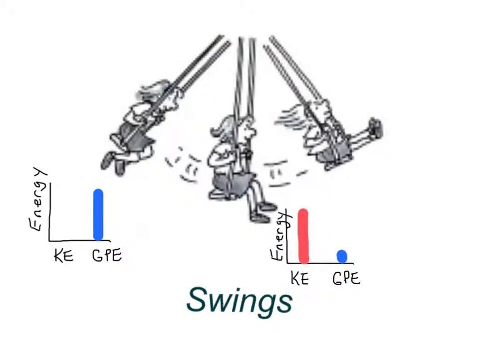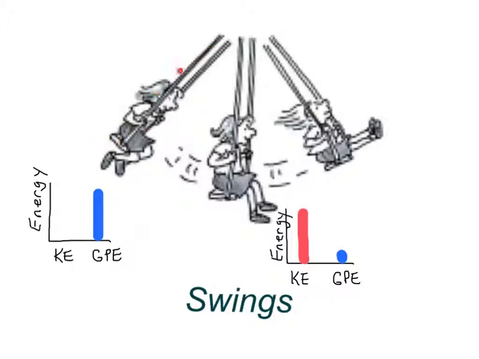So let's take a look at the mechanical energy and how it is behaving when a person is on a swing, or when there is the motion of a swing. If we look at a little bar graph comparing the kinetic energy and the gravitational potential energy, you know that when the swing is right here at the height of its trajectory, there is little to no kinetic energy.